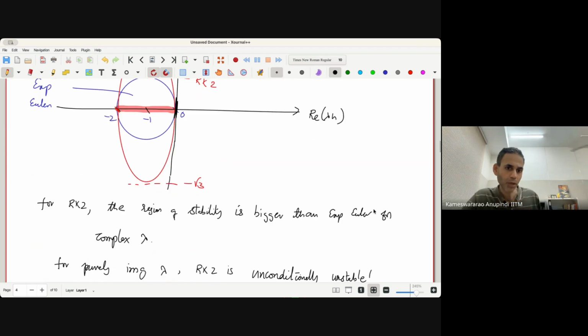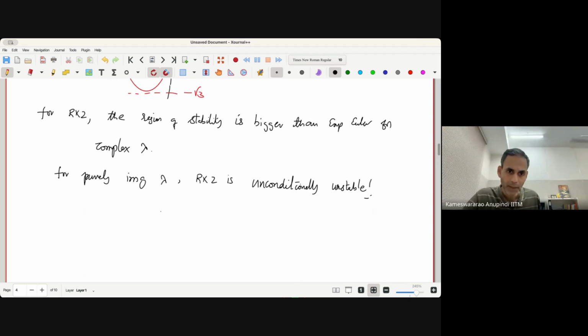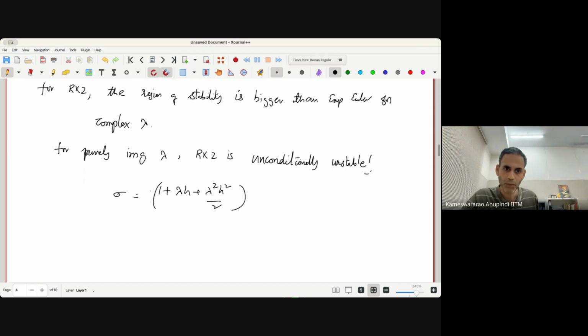So the equation we got was essentially 1 plus lambda h plus lambda square h square by 2, right? That is my sigma value. We want the modulus of this to be less than or equal to 1 to obtain a stable method.